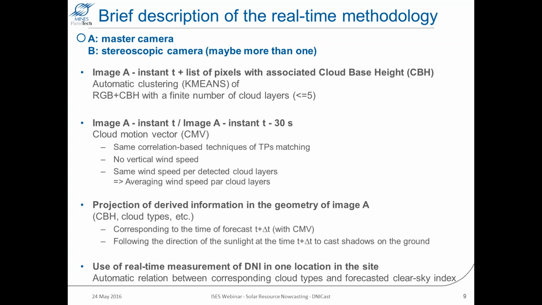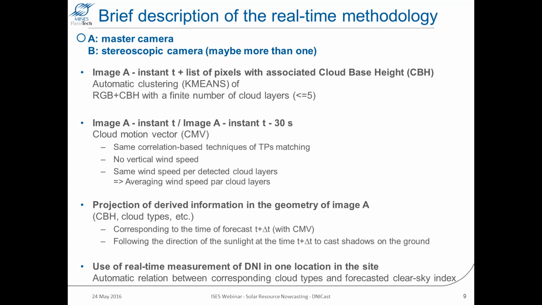So then, once we have sparse pixels for which tie point matching has been done, for which we have the cloud base height estimation, thanks to an automatic clustering, K-means for example, based on the RGB image and in addition to the cloud base height estimation, with a finite number of cloud layers, we can have an interpolation of the cloud base height for each pixel.